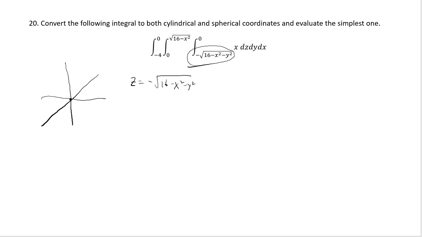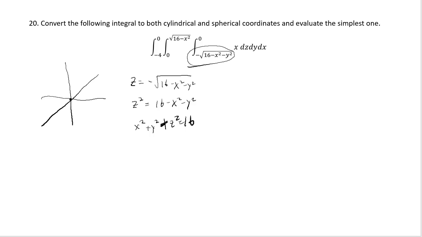Now this is a sphere. This is the bottom half of a sphere. To see that, if you square both sides, z squared equals 16 minus x squared minus y squared. The negative disappeared because you squared, and move the x squared and y squared to the left. So you get this sphere of radius 4, right?